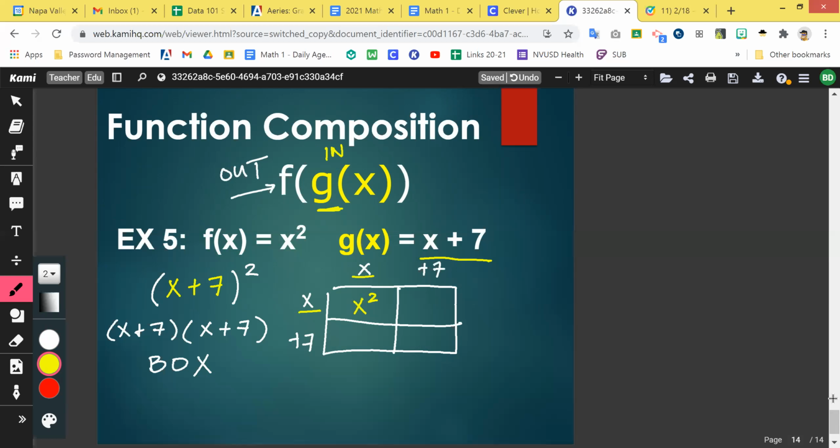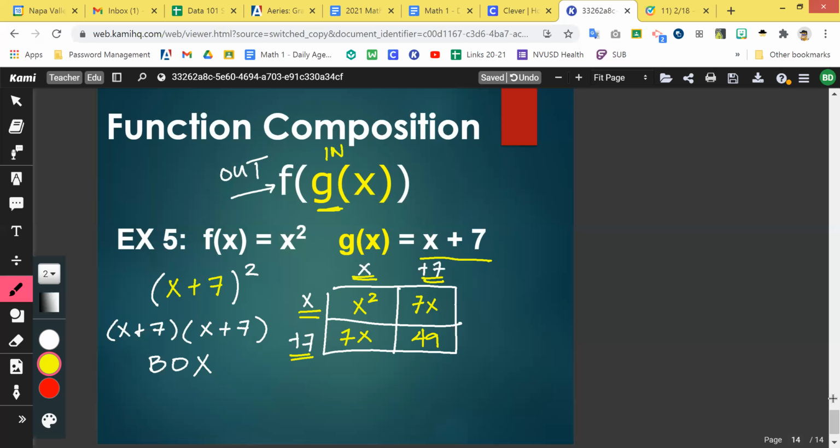Then top right, x times 7, that's 7x. Then bottom left, 7 times x is 7x. And your final box, bottom right, is 7 times 7, and that's 49.